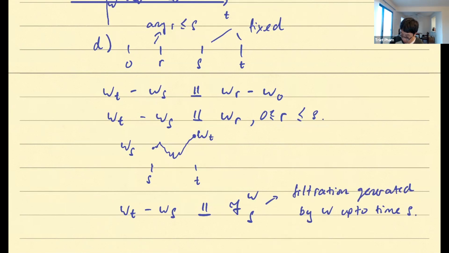If you want to make sense out of it, that's the sigma algebra that Professor Larson mentioned before. For us, all I want to use is this notation, which means all the past information of W up to time S. Is that okay?